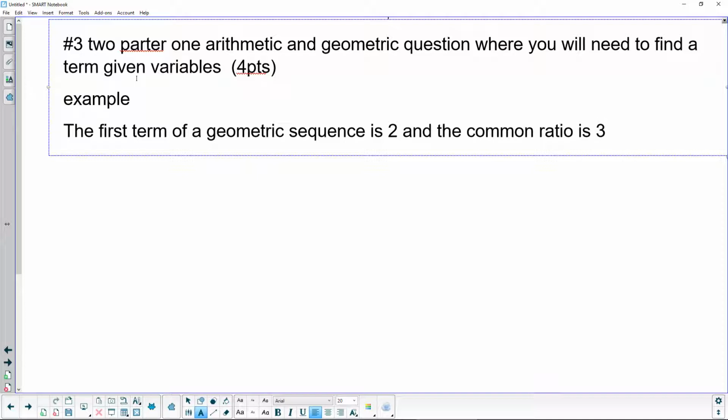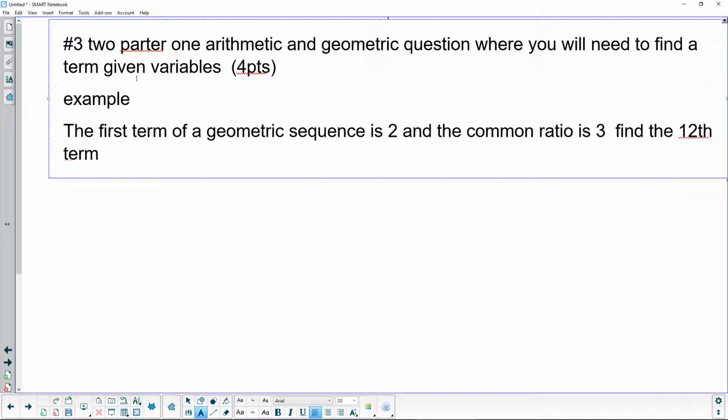Find the 12th term? Okay, something like that. So that's just using the general form. Oops, question mark, not that symbol there. Okay, let's just work this one out so that we can do it.